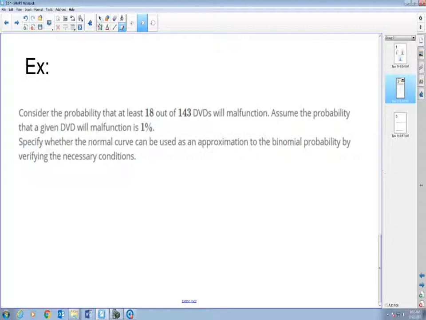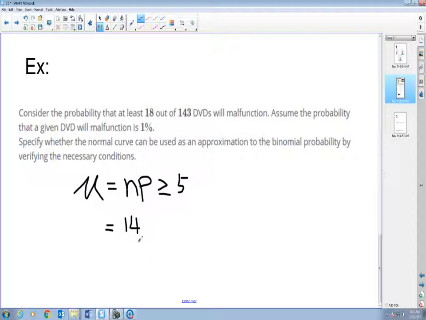Verify the condition. Alright, so if I need to verify the condition, that means first of all, my mean, which is n times p, has got to be greater than or equal to 5. So my n, number of trials, is 143 times the probability of success, 1%.